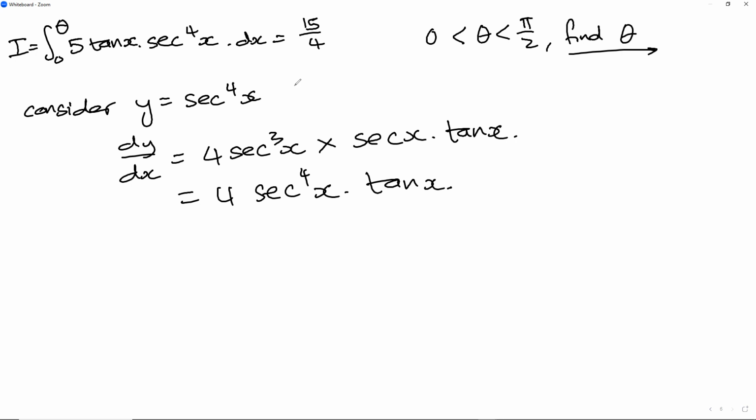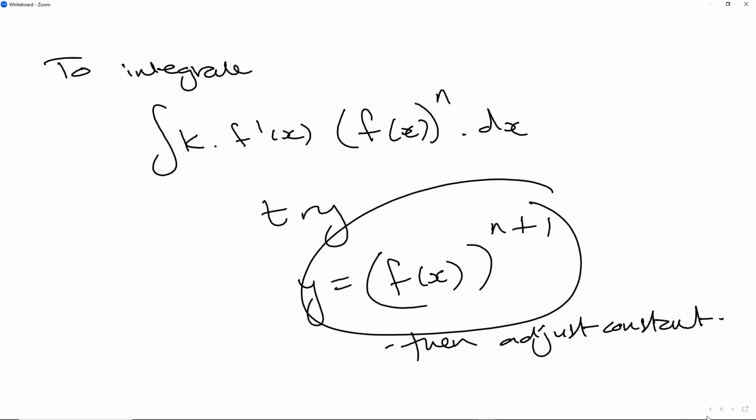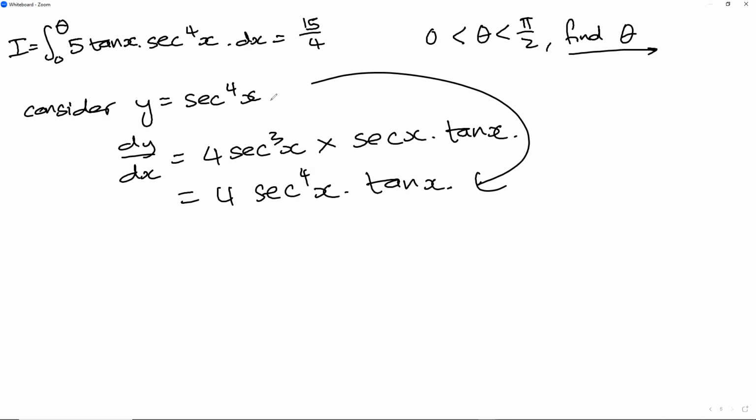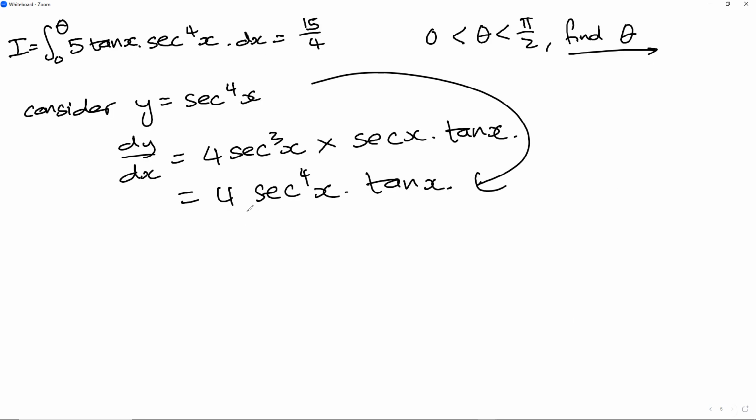Okay, so these derivatives, remember, we have to know. The derivative of cot x comes through there, and we know the other ones as well. So this is sec to the power of 4 x. Now that I have this in dy/dx, I can then say the integral is going to be equal to, firstly, dividing by 4, but we have 5 over there.